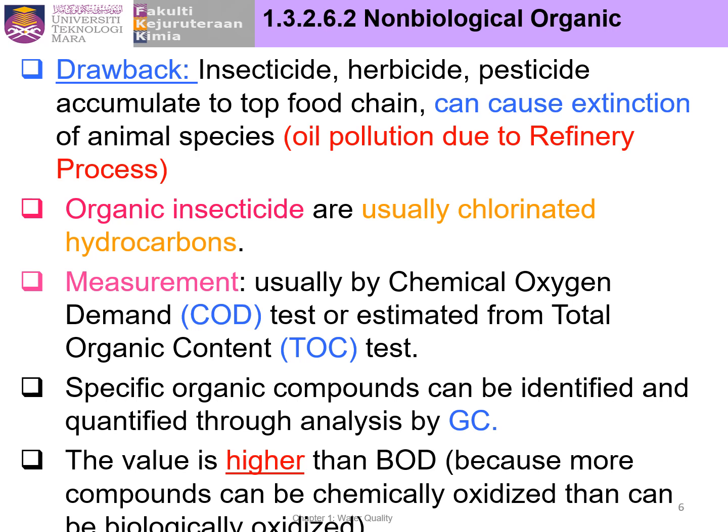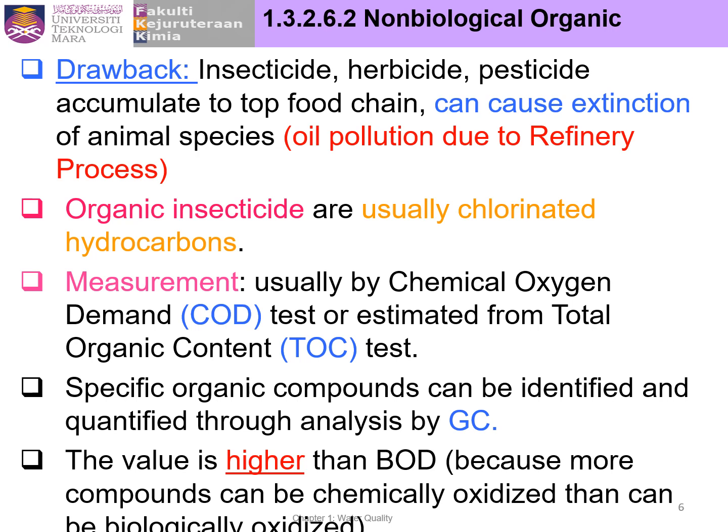For example, if I have palm oil mill effluent, the POME, the value of COD is usually 2 times higher. For example, BOD in terms of concentration is 25,000 milligram per liter, but for COD the concentration is higher, for example 50,000 milligram per liter.